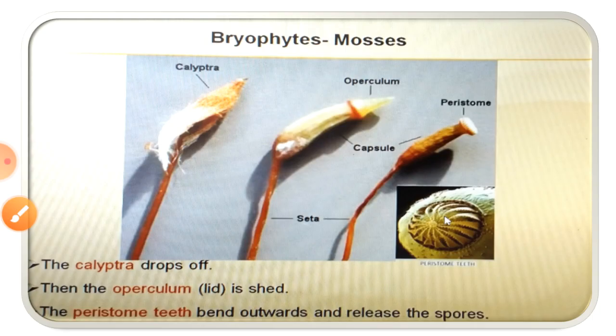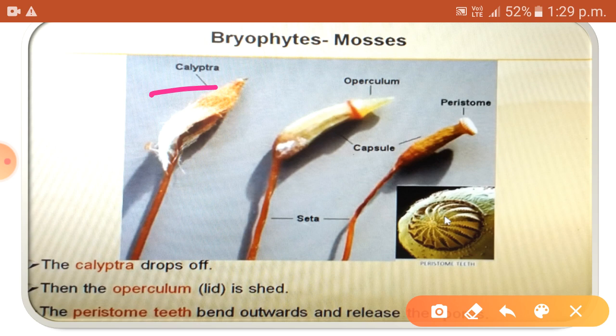But still, the mosses have an elaborate mechanism of spore disposal. When the capsule becomes mature and dry, first the covering of the capsule called the calyptra drops off. Calyptra is actually the remains of the archegonium. Then the lid of the capsule called operculum is shed.